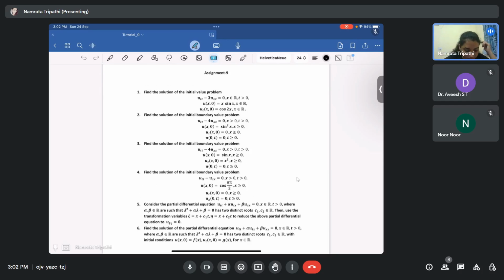The question says find the solution of the initial value problem. You can see the problem. This is a wave equation with given initial conditions.